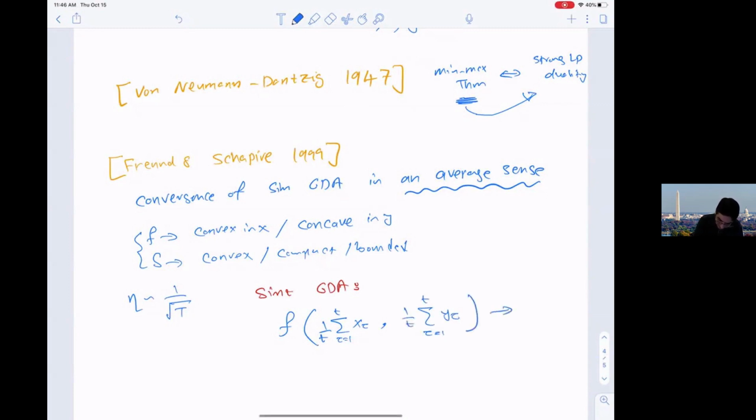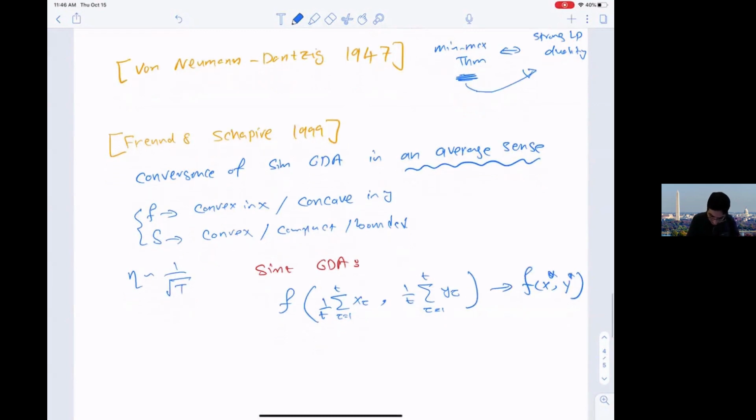So in an average sense, this converges to x star, y star. And in fact, the error, the difference between them, is on the order of 1 over square root of t, the number of steps that you are taking.